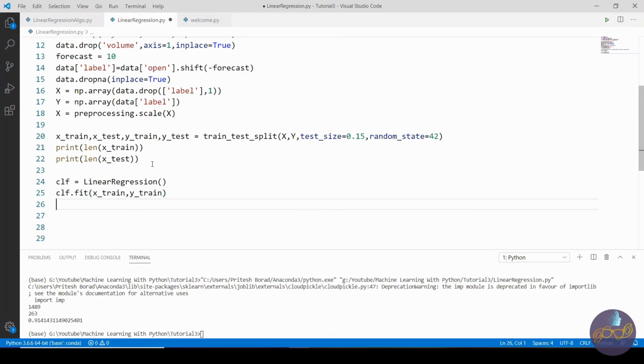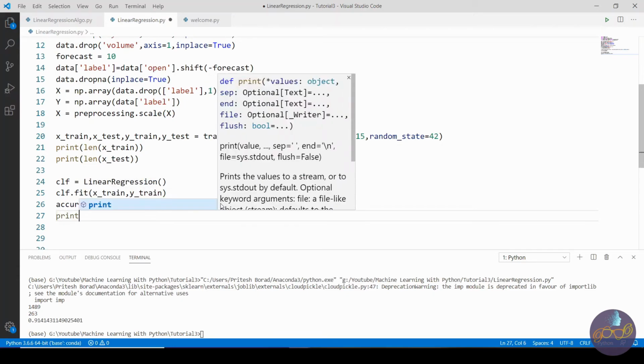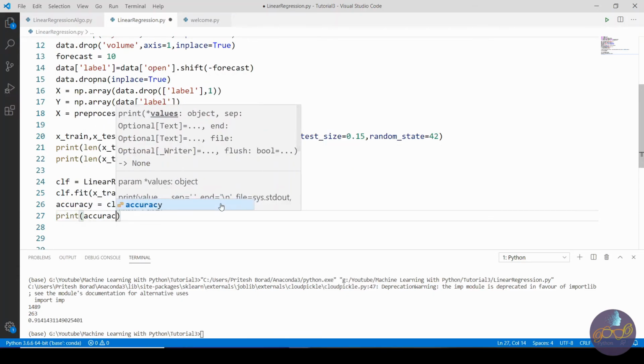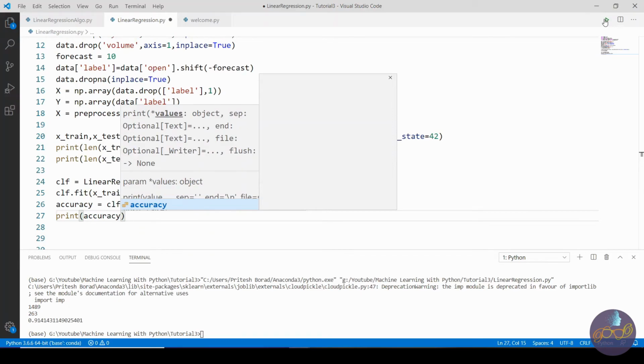And to find the accuracy, write clf.score X_test and y_test. So basically we are testing our trained model on a test data set, which is 15%, I think. And print accuracy. So let's run the code.